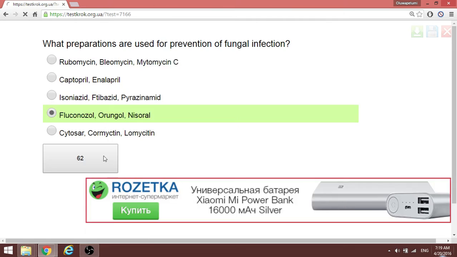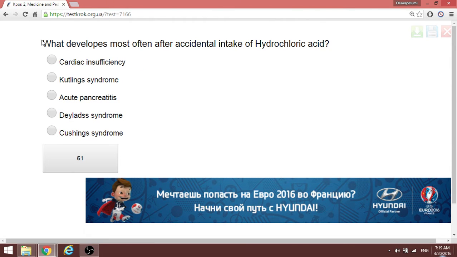What develops most often after accidental intake of hydrochloric acid? Let's look at this question as an acid ingestion, commonly treated as the so-called caustic ingestions. When you have acid ingestion, usually there is tissue damage by coagulative necrosis.